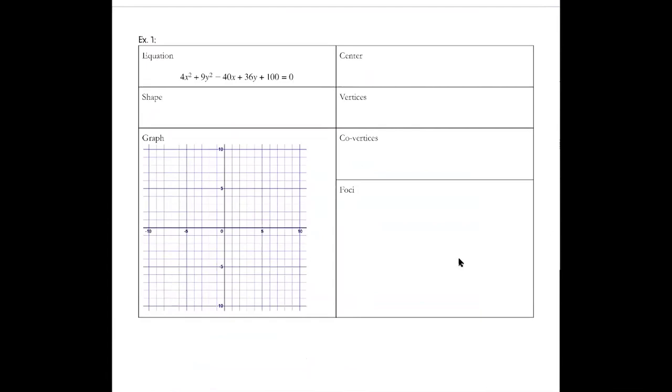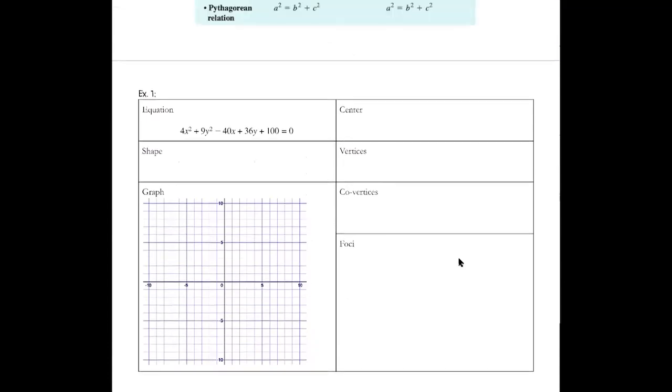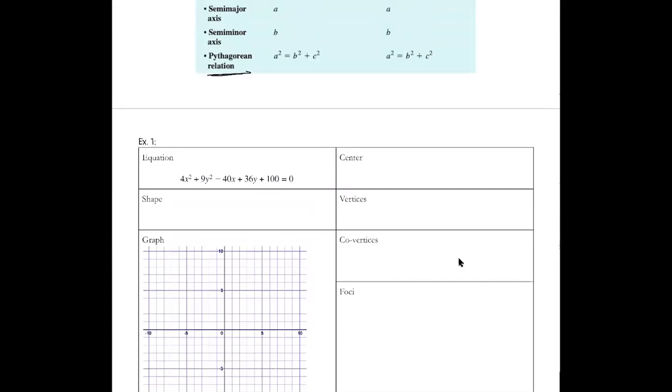We're also going to know how far we go to find the vertices and the co-vertices. Those will all be numbers in our equation. The one part that will not be in our equation is how to find the foci. And in order to do that, we're going to use this Pythagorean relation to find the foci, okay?